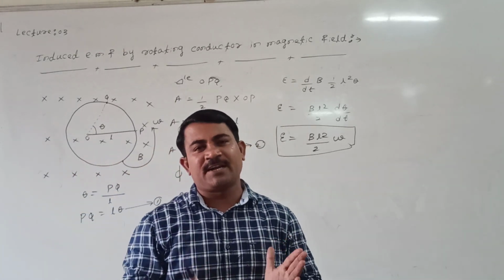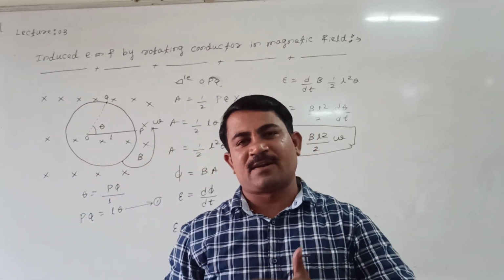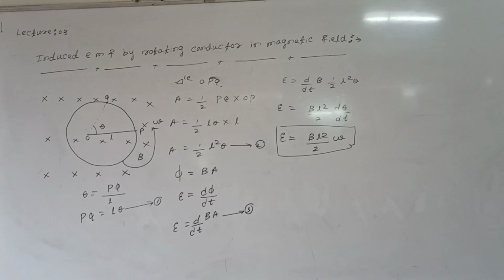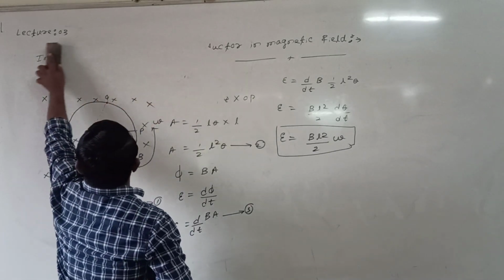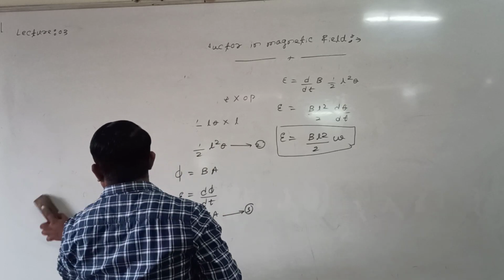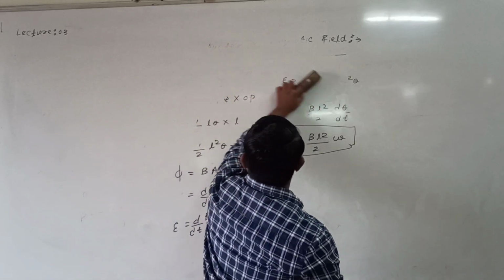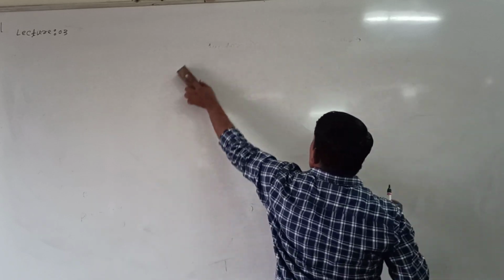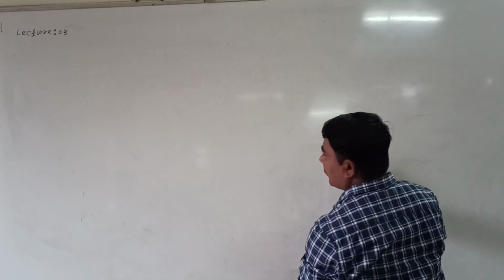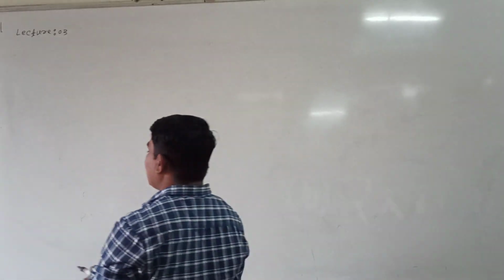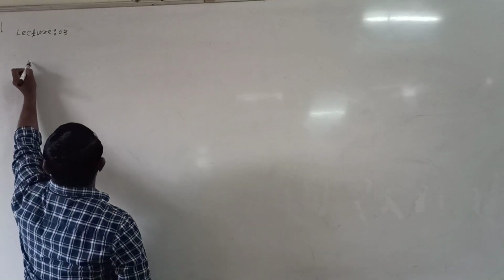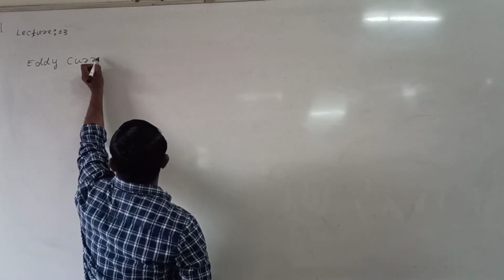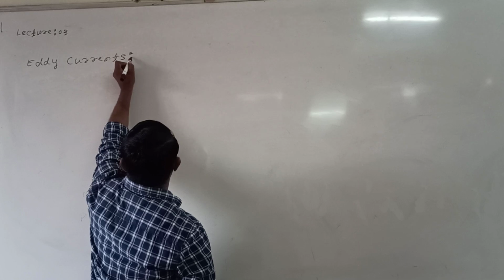The concept is eddy current. In detail, we will see what the meaning of eddy current is, what its applications are, and how to minimize it. See here. Now, the concept is eddy currents.